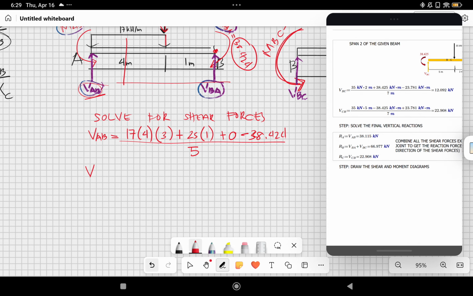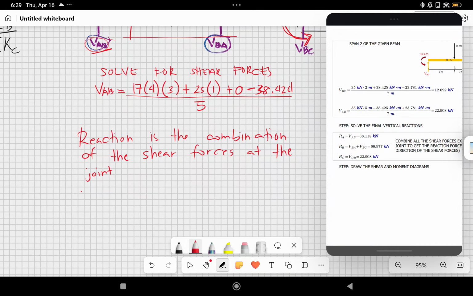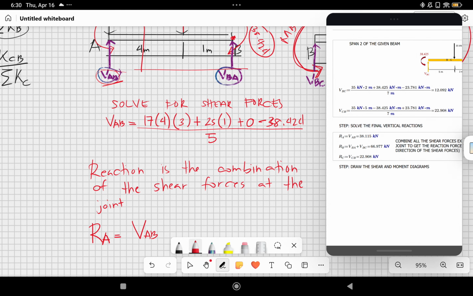Just note that the reaction force is the combination of the shear forces at the joint. So, for example, the reaction at joint A is just yung shear force na nag-act sa joint A, which is VAB lang.